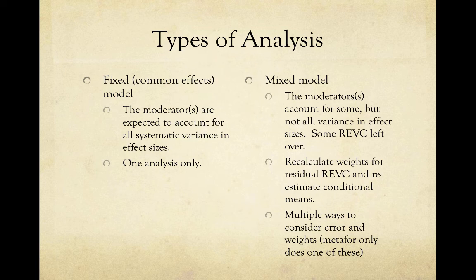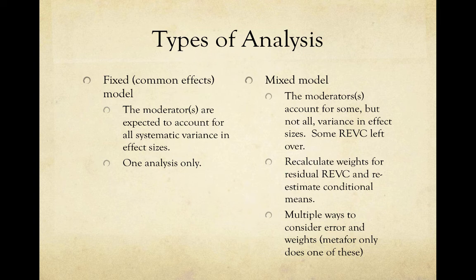So you're going to have variability that's due to sampling error. And the random effects variance is the variance above and beyond that. If the moderators account for all of that, then you're back to a fixed effects because there's no more random effects variance after you include the moderator. So that's kind of convenient.